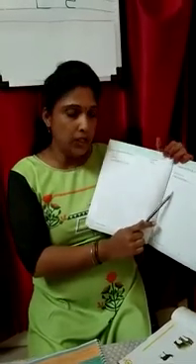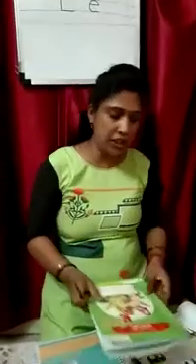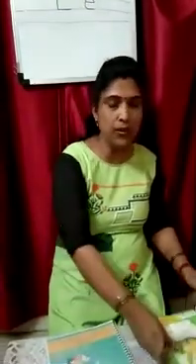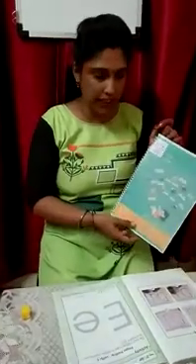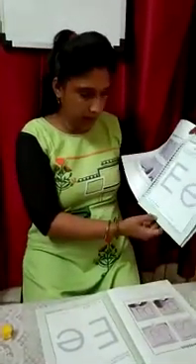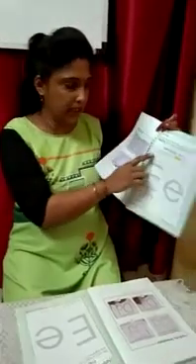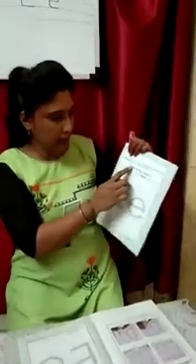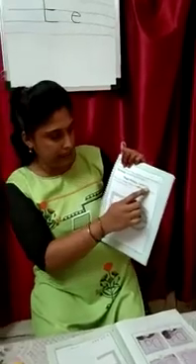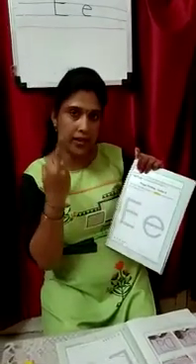Okay kids? So kids, I have an activity for you, letter E. Kids, this is your activity book, page number 119. Mention the name and date. See kids, this is fingerprinting letter E. Dip your middle finger. See kids, this is your middle finger.